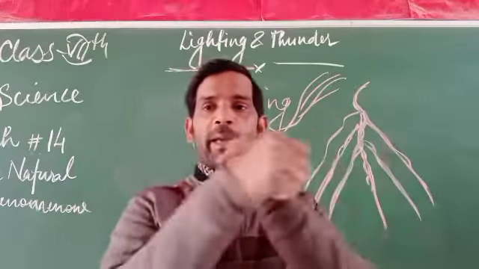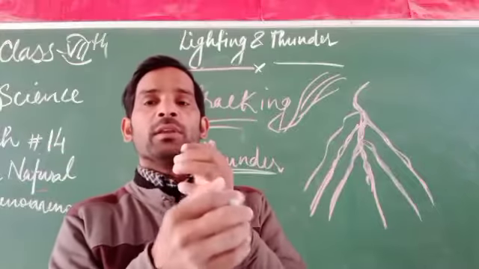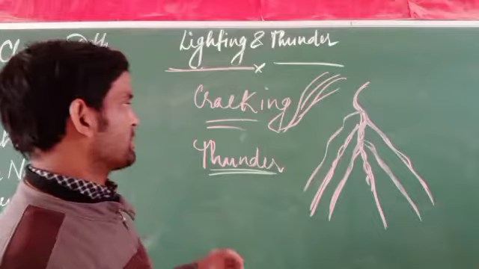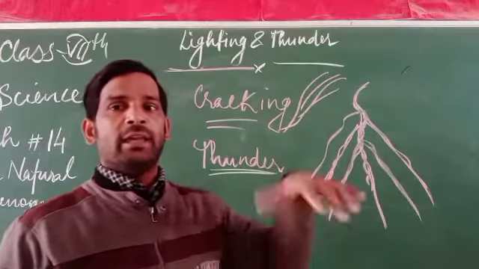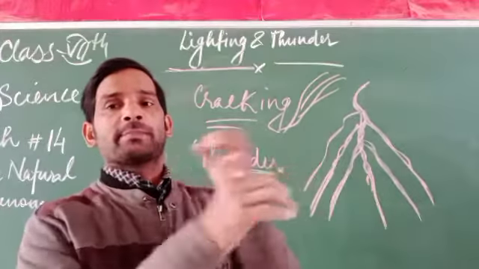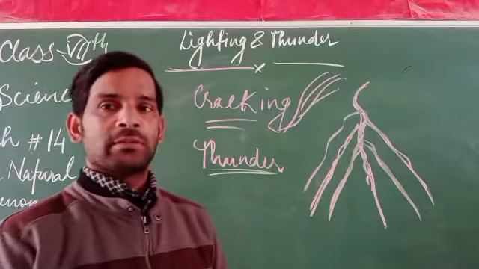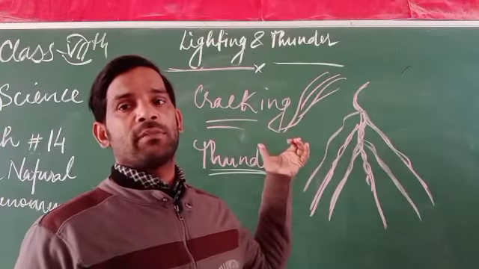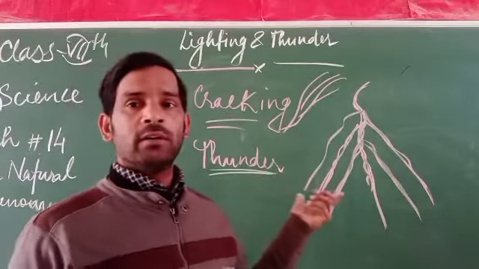There will be expansion and contraction, due to which a flow of charges takes place in the form of lightning, and hence a cracking sound is produced by the expanding and contracting of this lightning. There will be the sound.